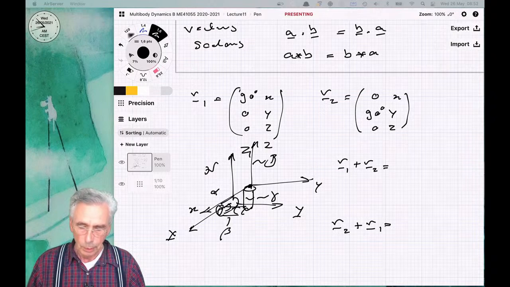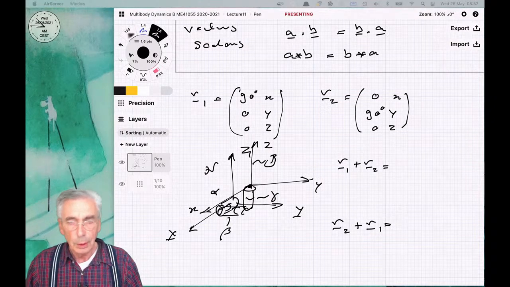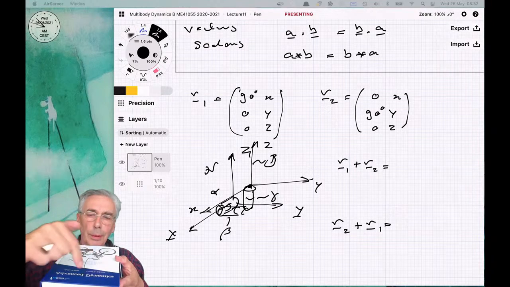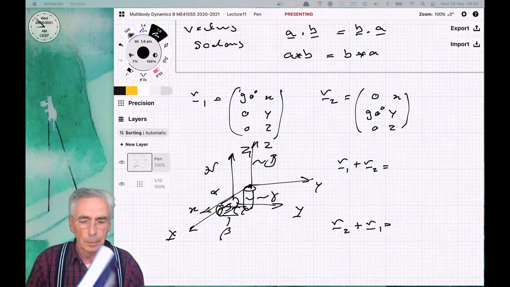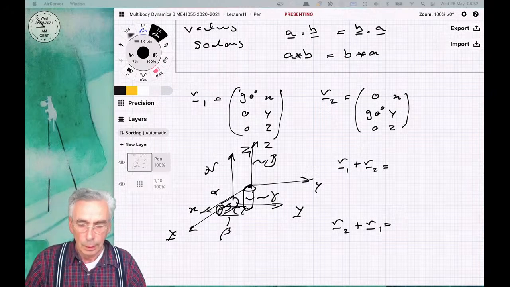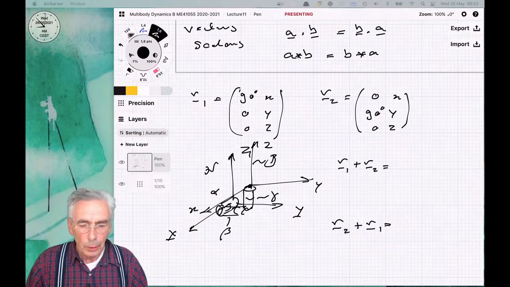So like this is the forward direction, right? Like this is the forward direction, and then this is the sidewards, and then this is up.